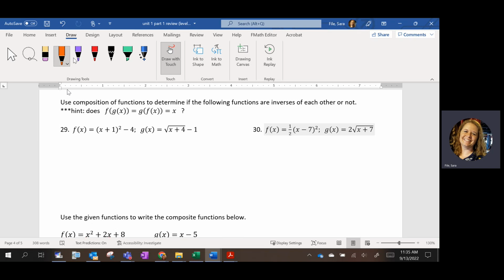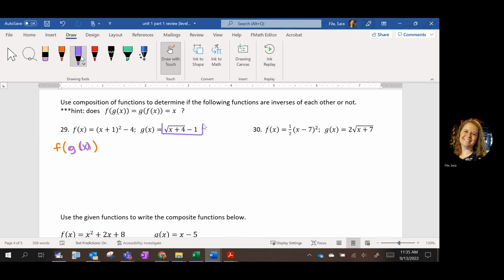So doing the composition here, you can choose which way you do it. f of g is probably the more common one for people to choose. So I'm going to actually get a second color here. I'm going to put the g of x function, this whole thing right here, inside the f function, wherever the x is.